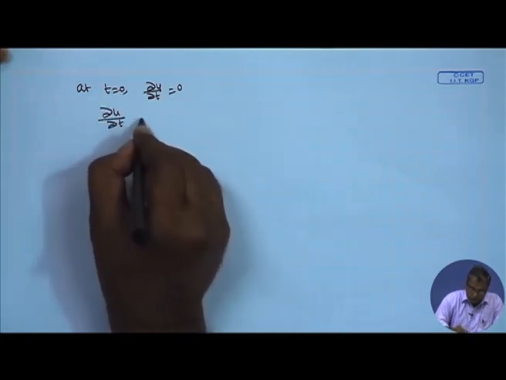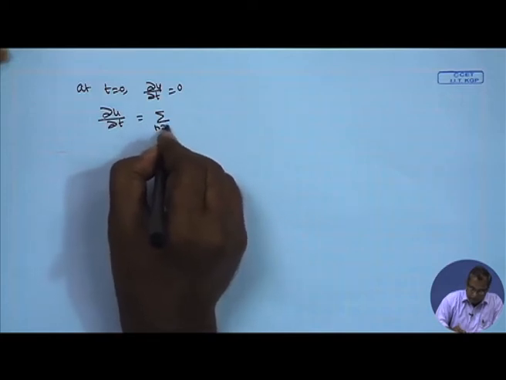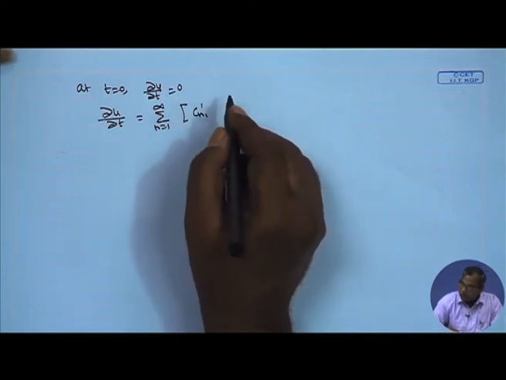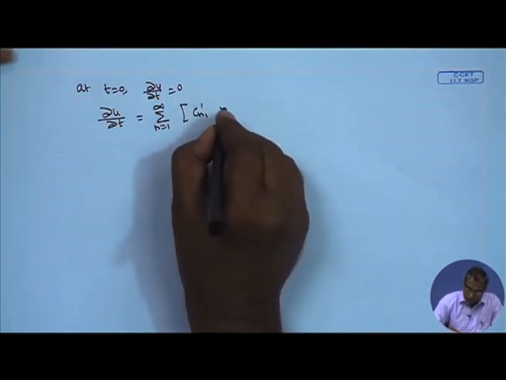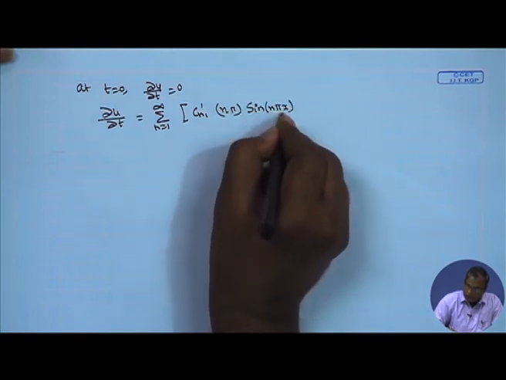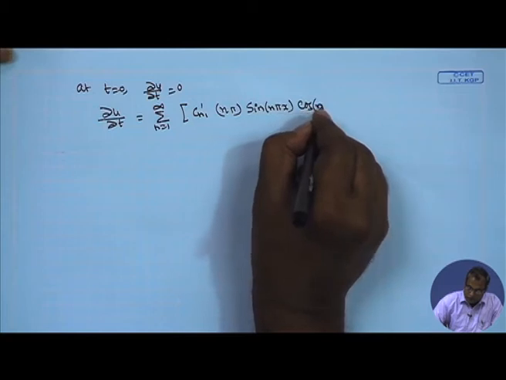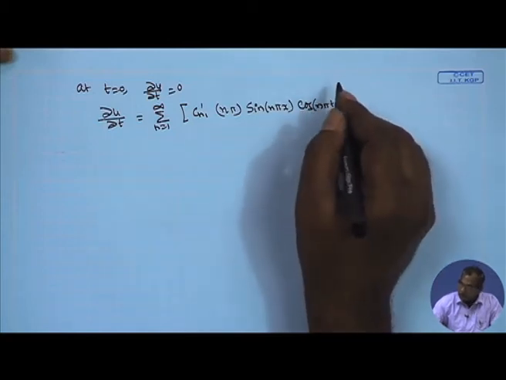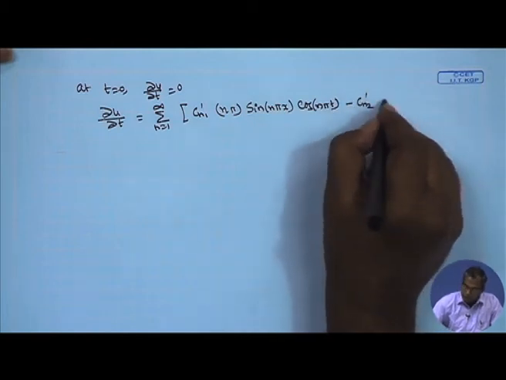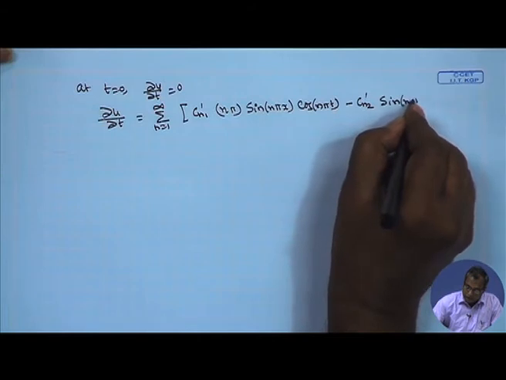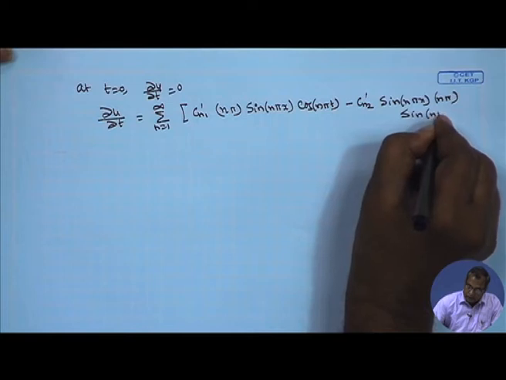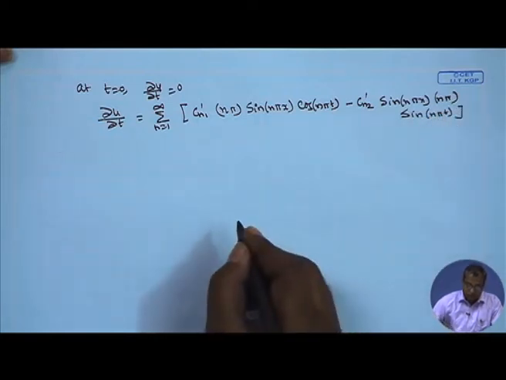Del u del t is the summation n is equal to 1 to infinity of Cn1 prime n pi sin n pi x cosine n pi t minus Cn2 prime sin n pi x into n pi sin n pi t. So, that is del u del t.